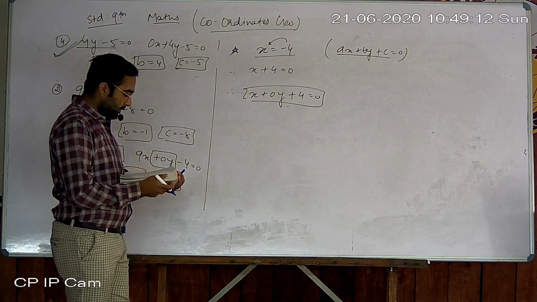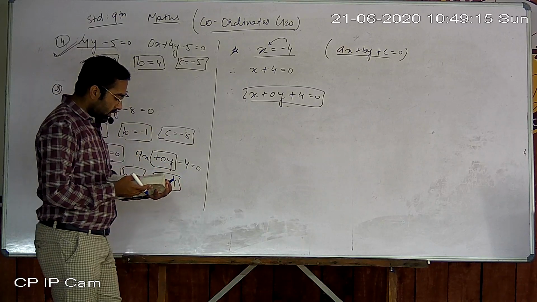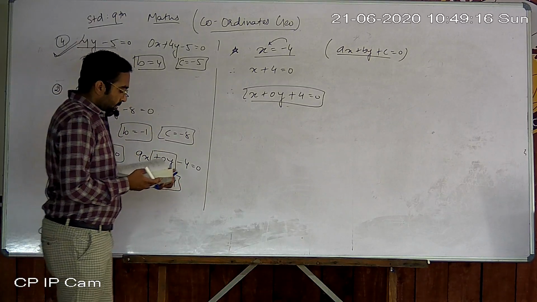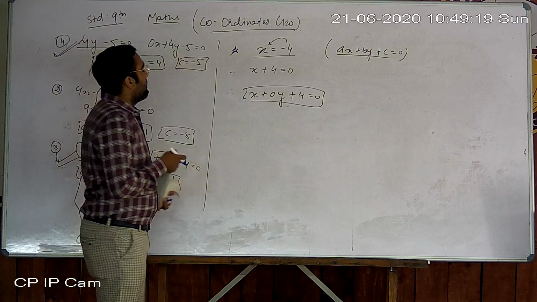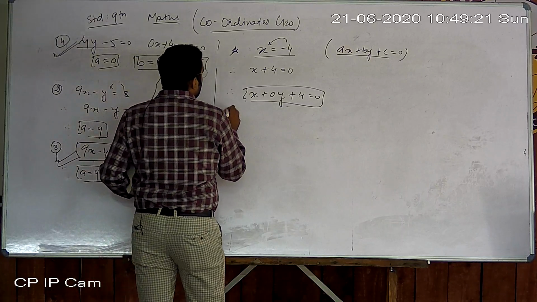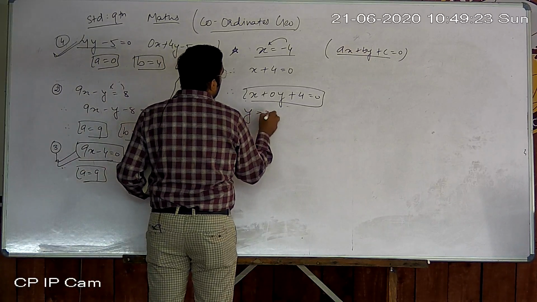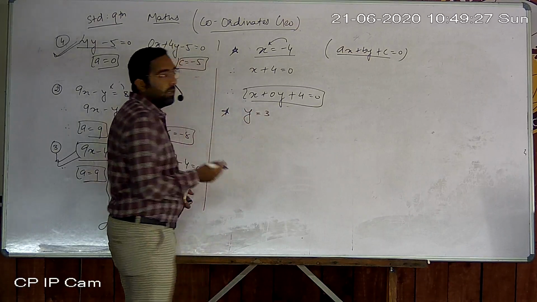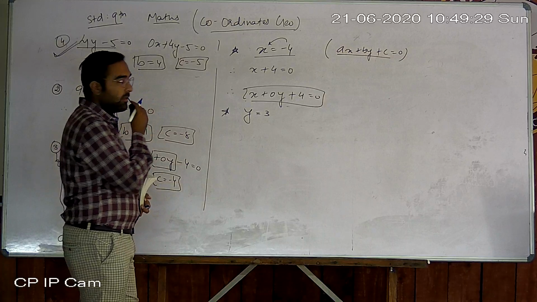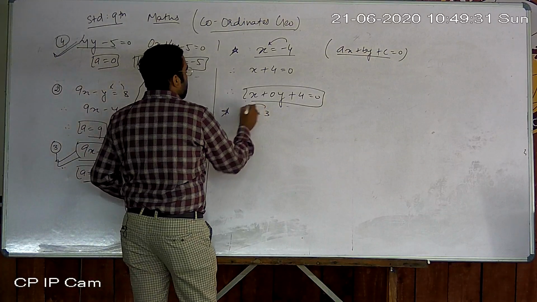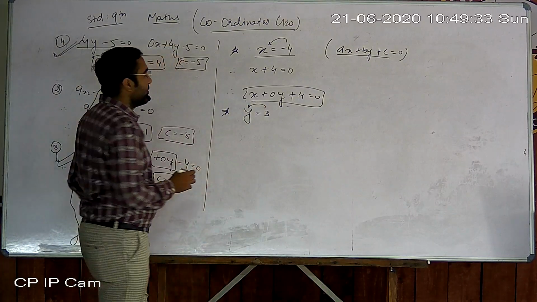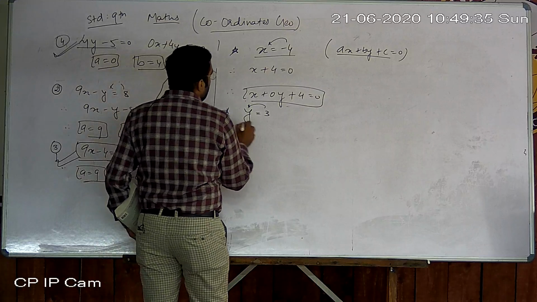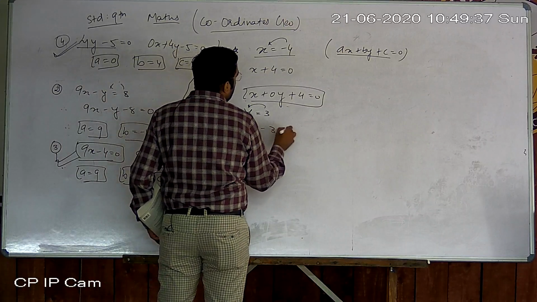Okay students, now y equal to 3, y equal to 3. As per y equal to 3, I'll shift 3 to the other side. So what is the equation? That is y minus 3 equal to 0.